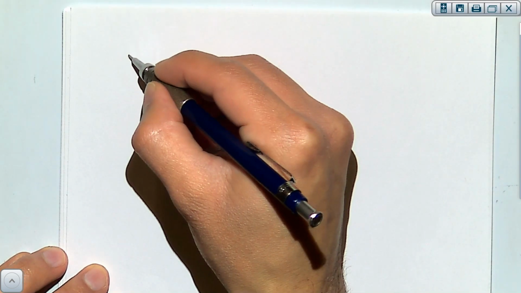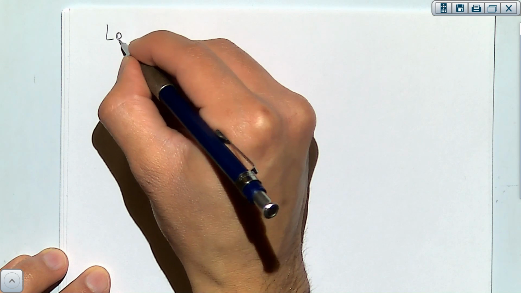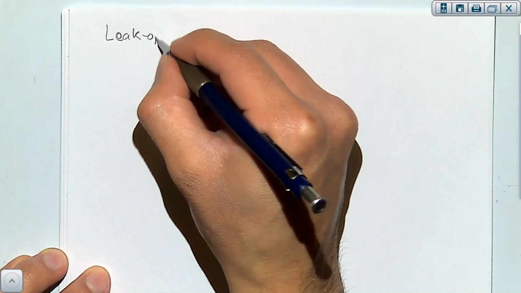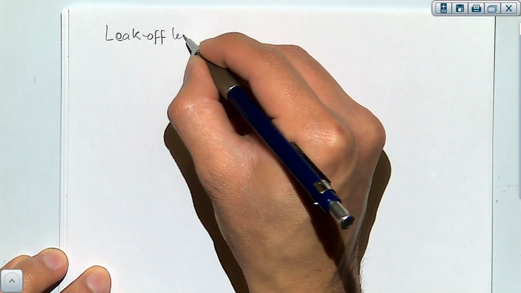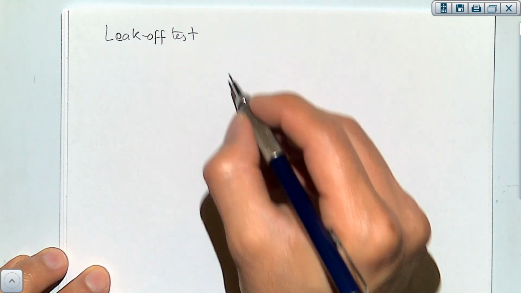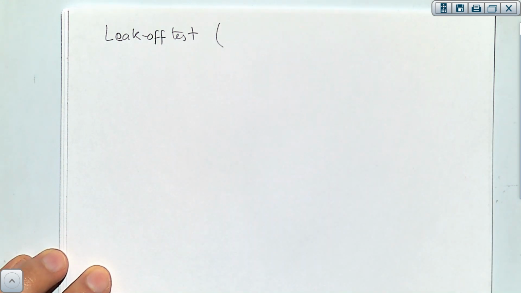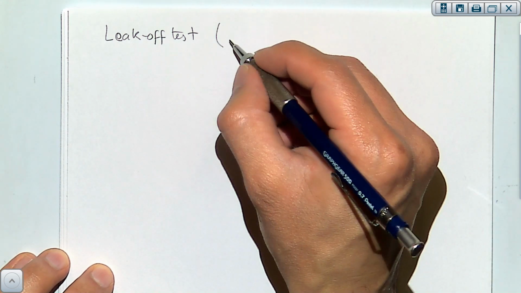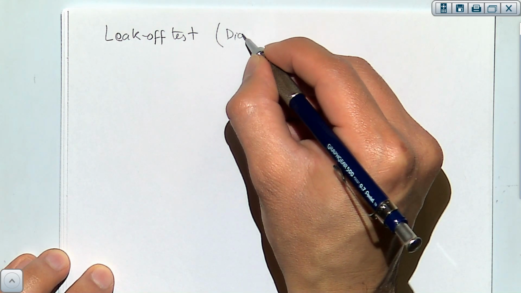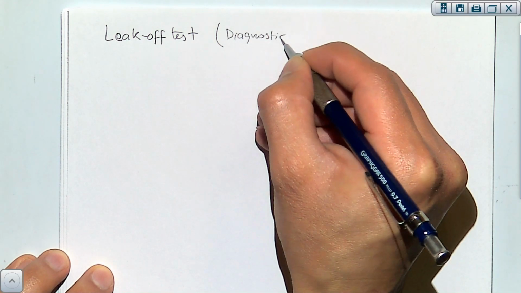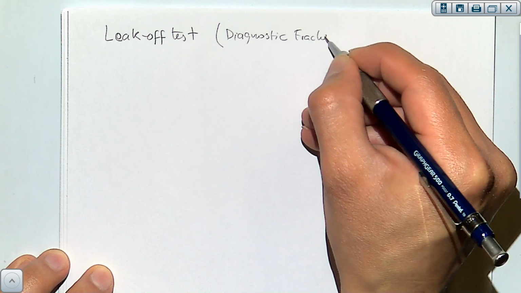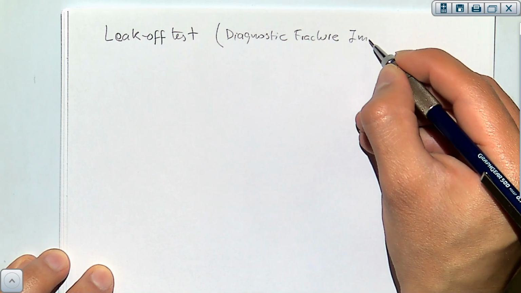Half of you. Okay. In a leak-off test, you basically, let me write first the name. And the same thing that we're going to talk about is going to apply to the diagnostic fracture initiation test.